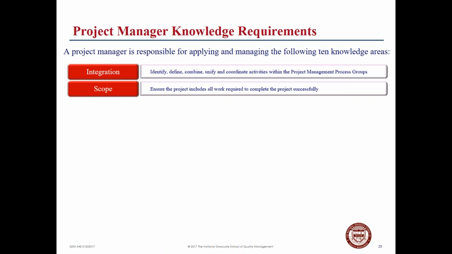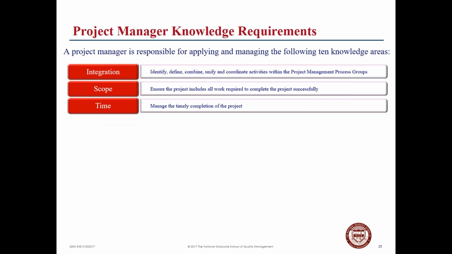Looking at project scope, do we have all of the necessary work and activities that we will need to complete to make sure the project is successful? And projects have an expected time of delivery. How well are we managing the timely completion of the project?